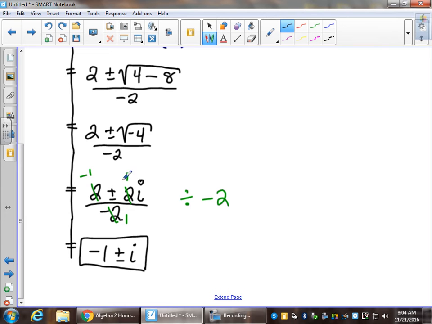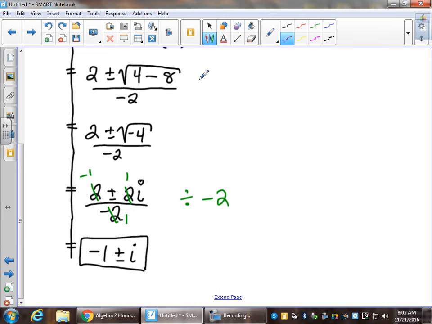The reason why we're just going to say that this is 1, is because we have this positive-negative relationship, right? So if I do 2 divided by a negative 2, it's a negative 1. 2 divided by 2, 1. So the positive-negative relationship is still maintained. It's just negative, positive, positive, negative, same thing.